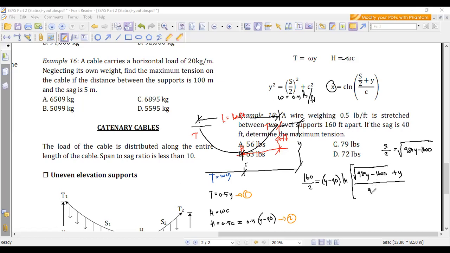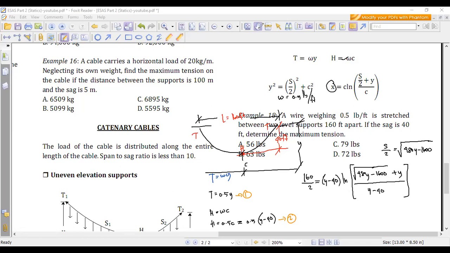C is y minus 40. So this time, the only variable left in the equation is, of course, y. Now, because of the complexity of the equation, we just need to use the shift solve function in our calculator.